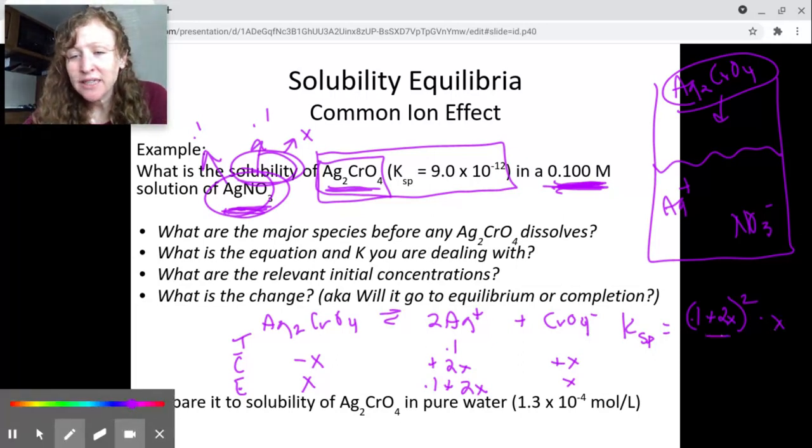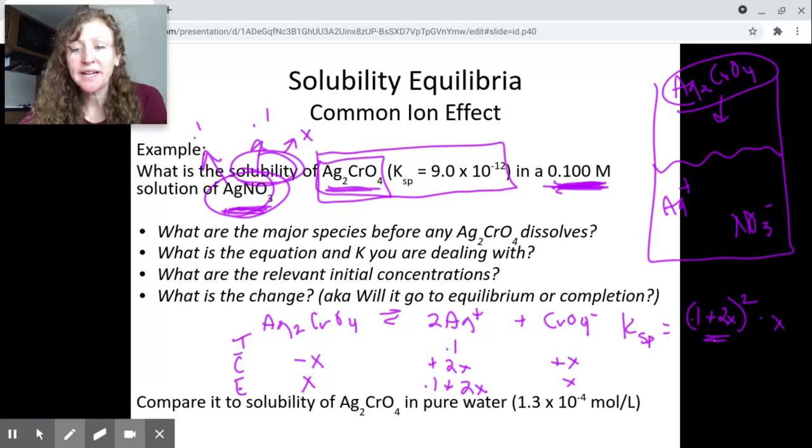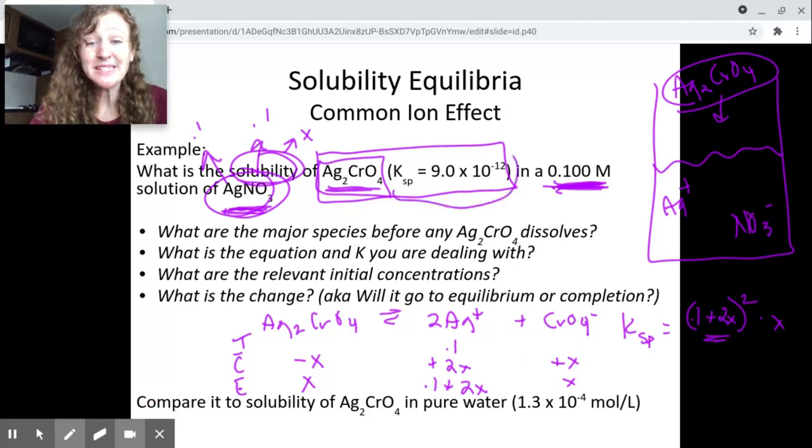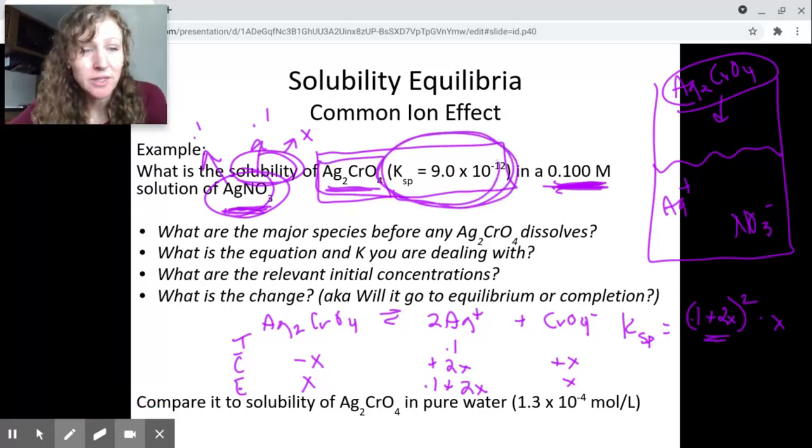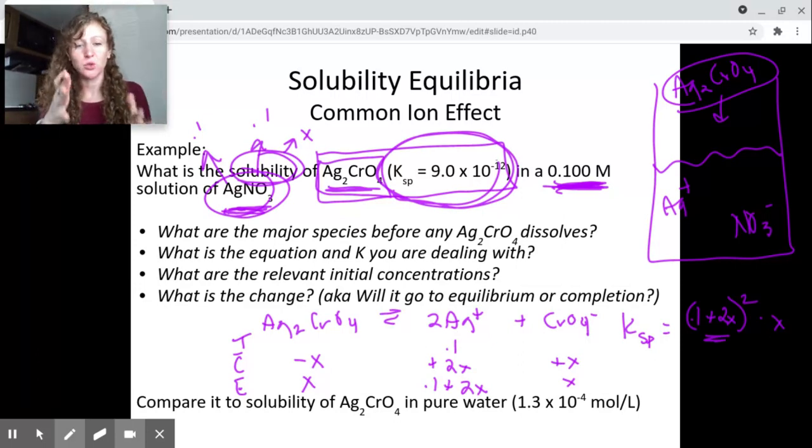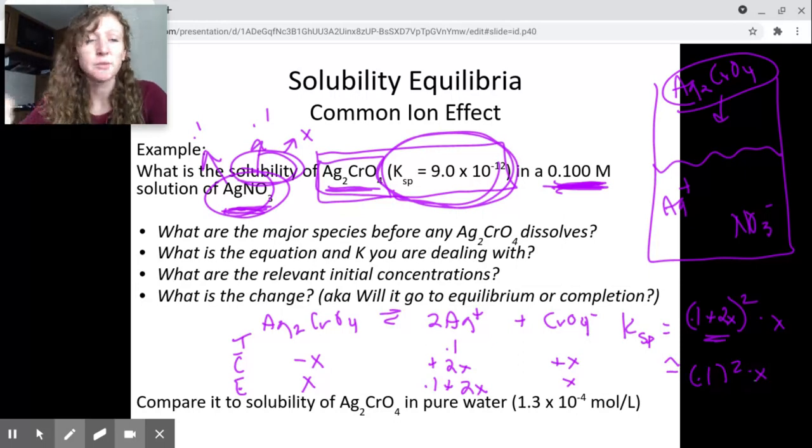Notice I'm going to get a very complicated equation here, but again, my Ksp is really small, so my X is going to be really small. So anytime I add or subtract that X to a number, I can assume it's going to be so small it won't affect the significant figures of that number. So I'm going to make that assumption here, 0.1 squared times X, and it simplifies my equation a lot.